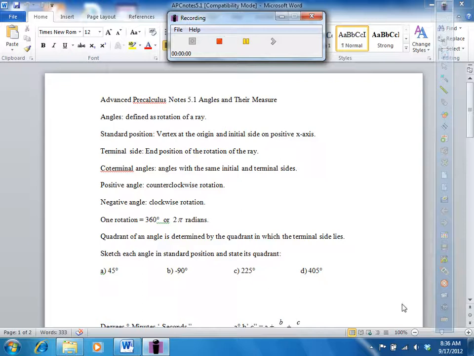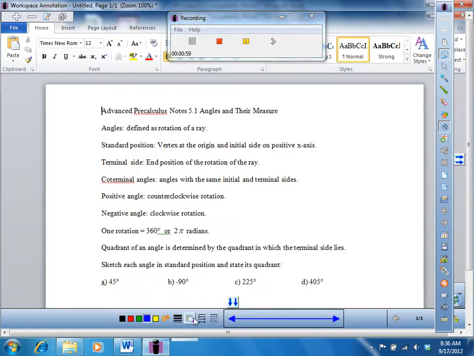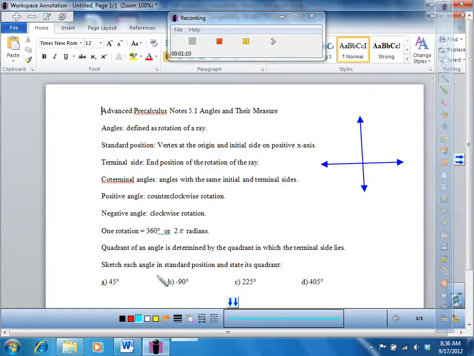So if we were to start with an angle, let's say, so like this, and if they say that a ray, what's a ray? It's a set of points that starts at one point and goes infinitely in one direction. Okay?